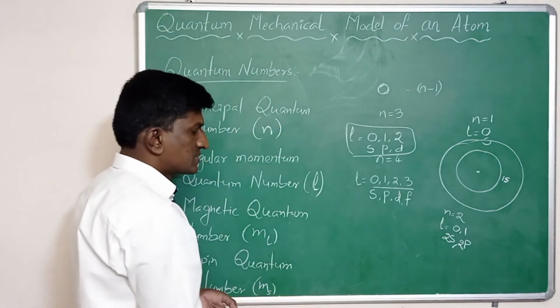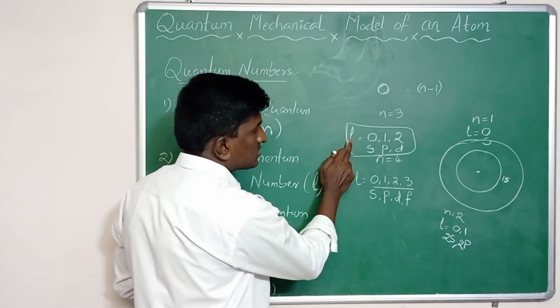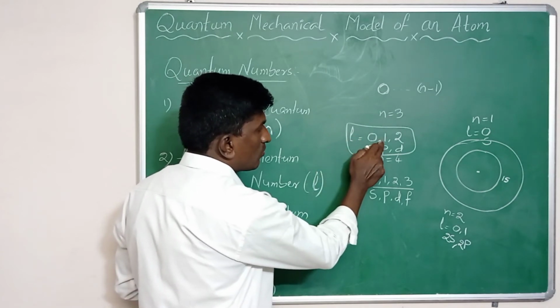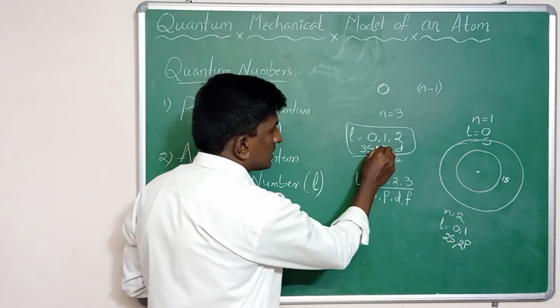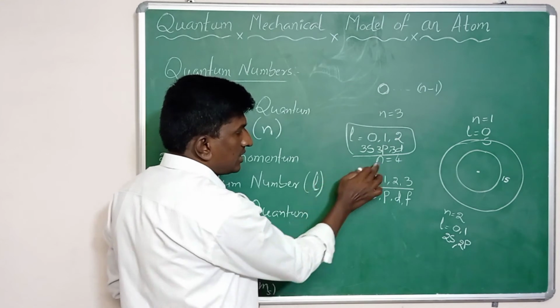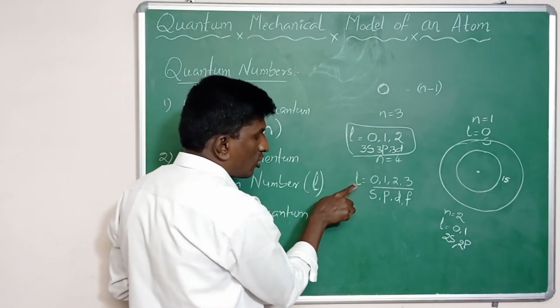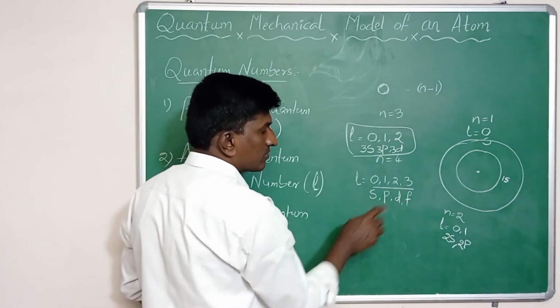Similarly, the subshells belonging to the third orbit. If n equal to 3, then l values are 0, 1, 2: s orbital, so 3s, 3p, 3d. Similarly, if n equal to 4, then how many subshells? 4 subshells: s, p, d, f.